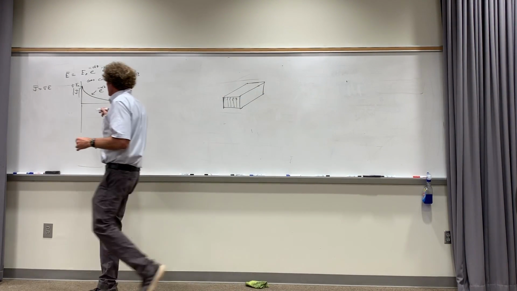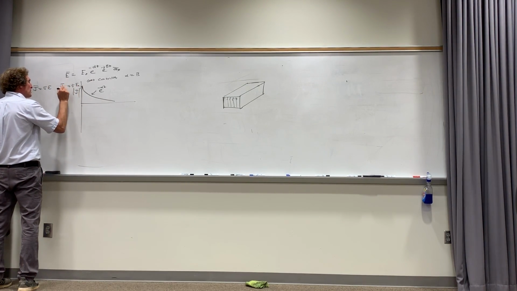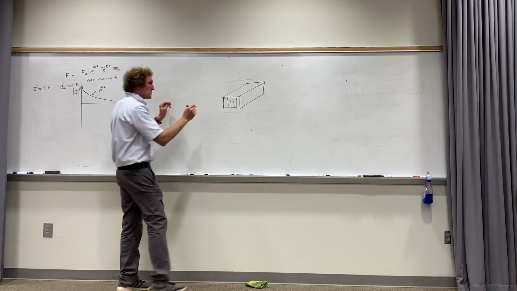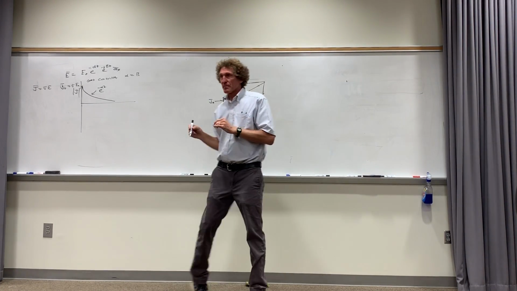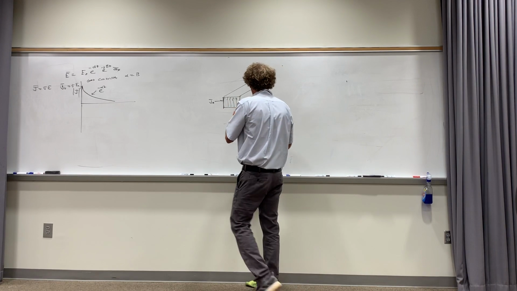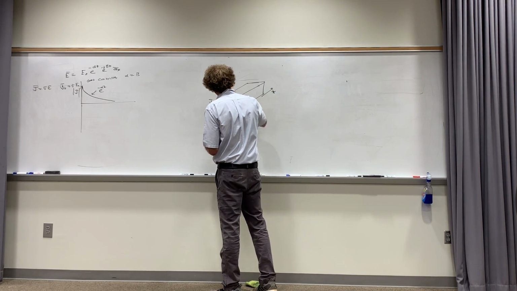And let's just say that this value right here, sigma E naught, we'll call J naught. So right here on this surface, this is J naught magnitude. Are you with me? And it's propagating in this direction. We'll call this the Z direction. Call this the X direction.